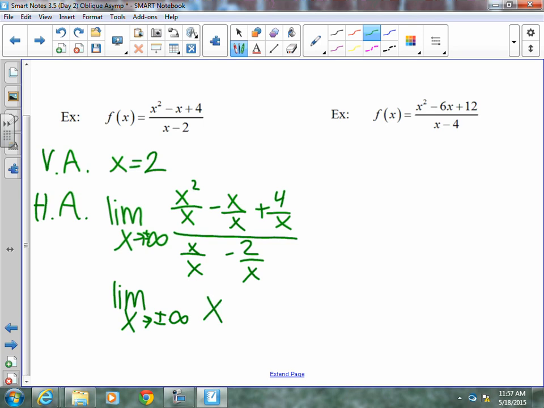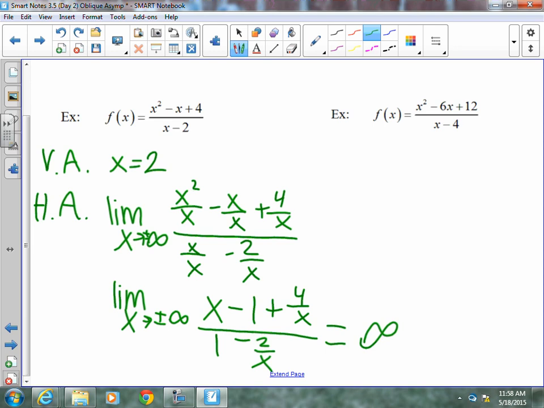We get x minus 1 plus 4 over x, and at the bottom, 1 minus 2 over x. When we plug in infinity, we're going to get infinity. And when we plug in negative infinity, we also get infinity. So there are no horizontal asymptotes.